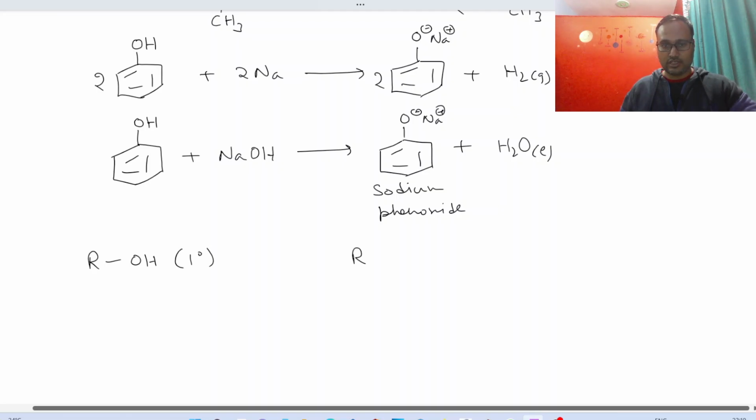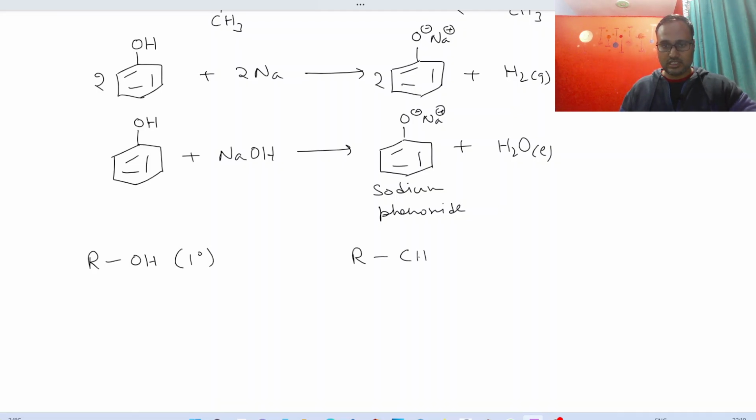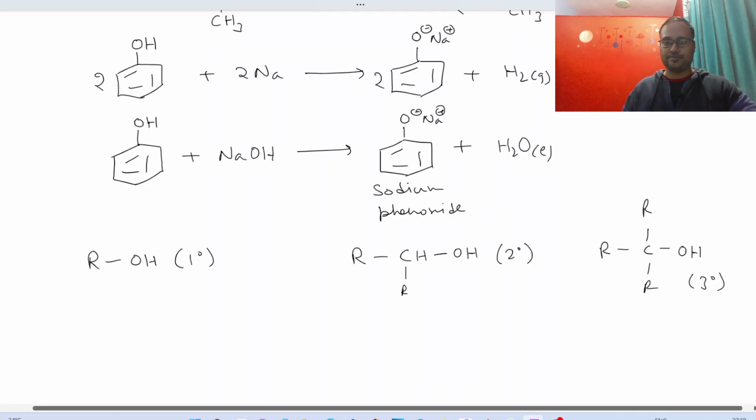We can write down RCHOH, and we can put an R over here. This one is the secondary alcohol, and three alkyl groups attached to a carbon atom could be written as a 3 degree tertiary alcohol.